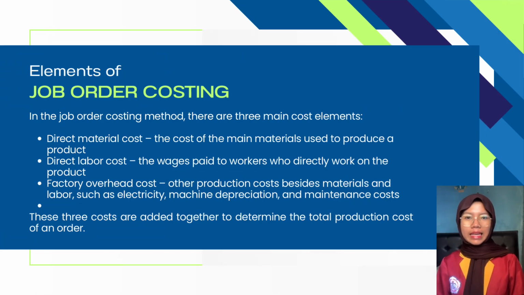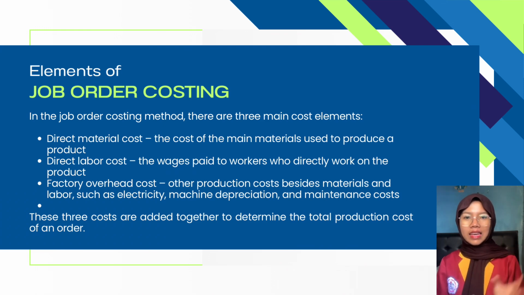In calculating job order costing, there are three main cost elements. The first is direct material cost, which is the cost of the main material used to produce a product. The second is direct labor cost, which is the wage paid to workers who are directly involved in the production process.